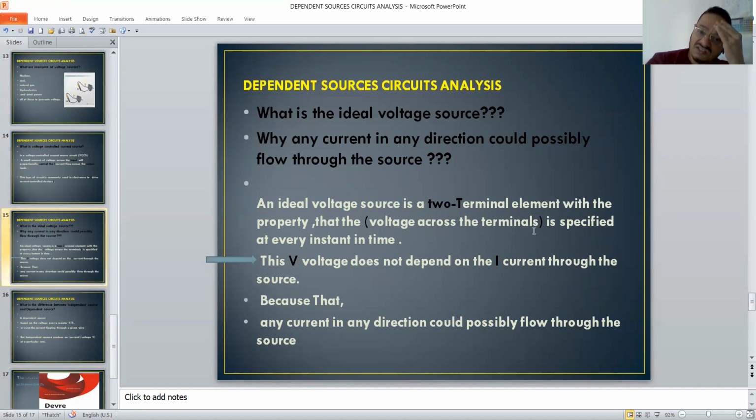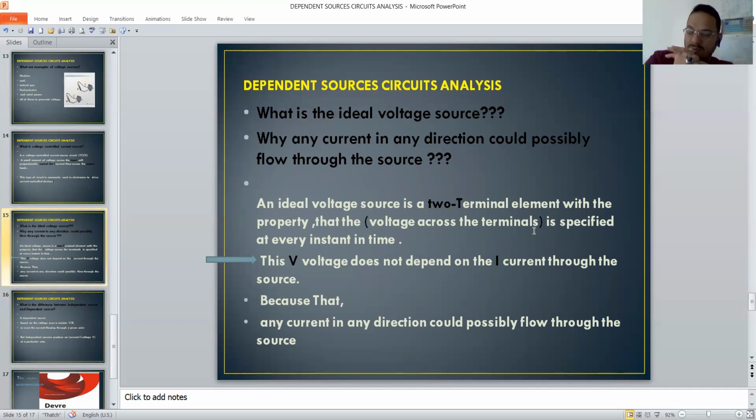The voltage doesn't depend on the current through the source. That means we have a special condition when dealing with an ideal voltage source.